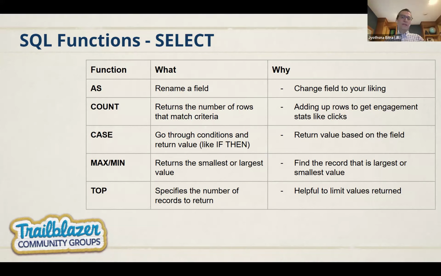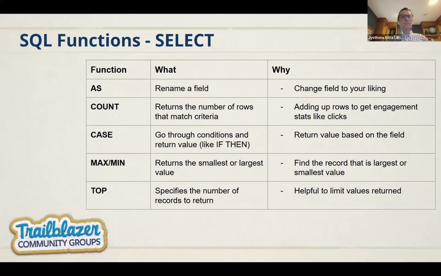Count gives you an ability, you'll see that today, to count the number of rows. Case is like an if-then statement, where you go through and say, if this value equals this, then write this value. Can be very helpful.